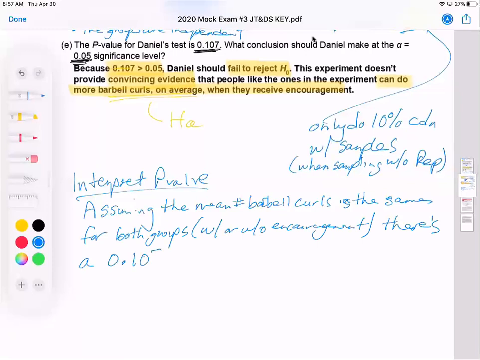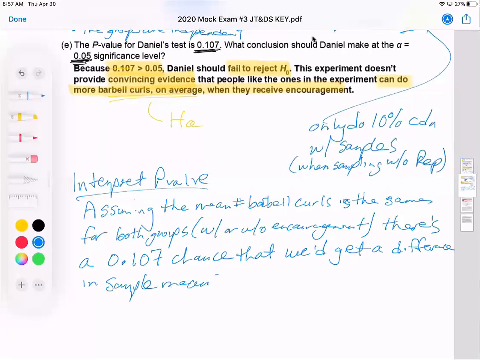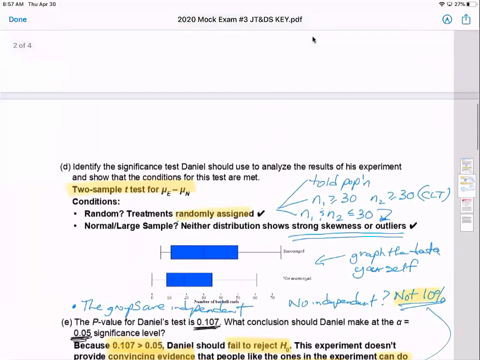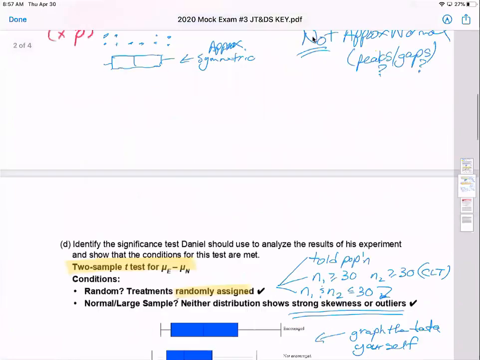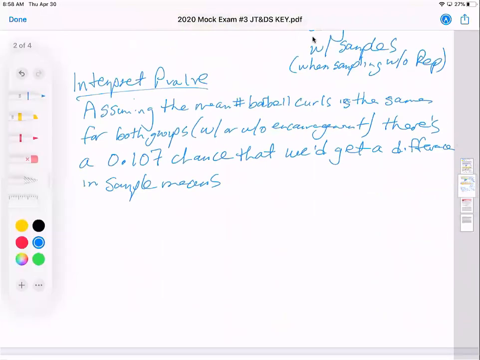There's a, whatever the p-value is, chance we'd get a difference in sample means, the direction of the alternative hypothesis was greater than, and we don't actually know, we're not told, the difference in sample means this, just due to random chance.